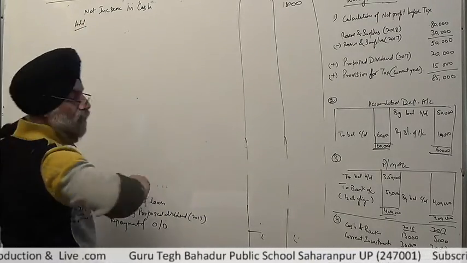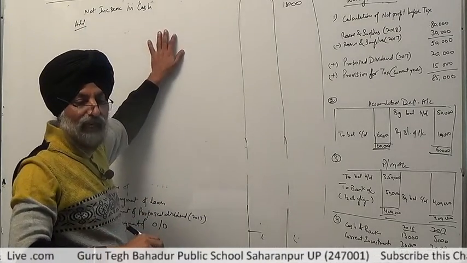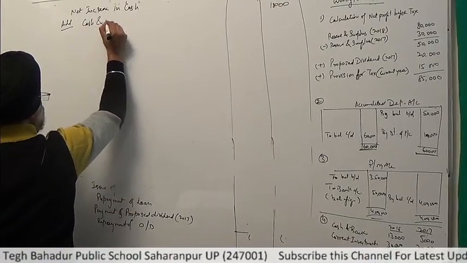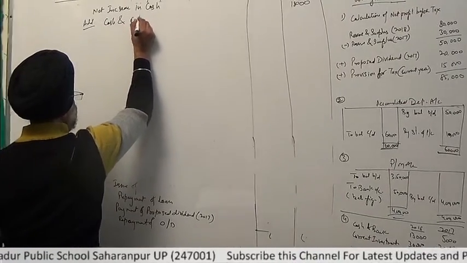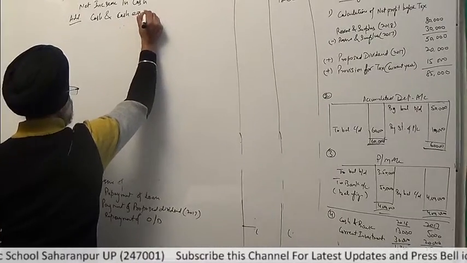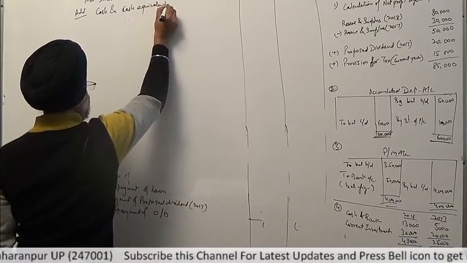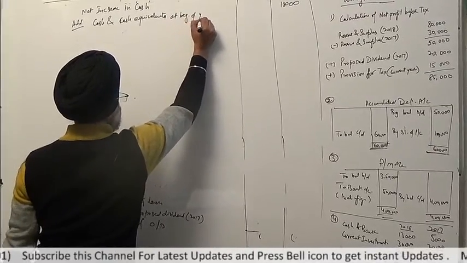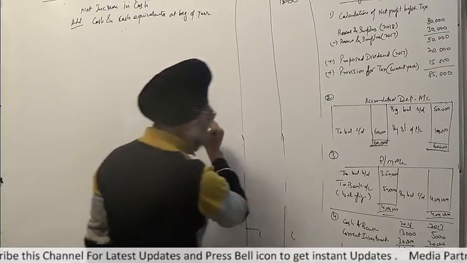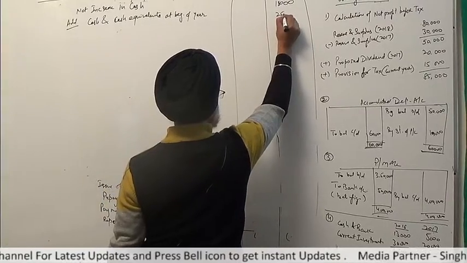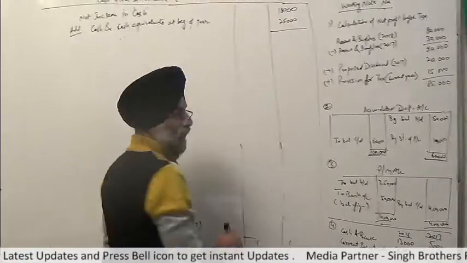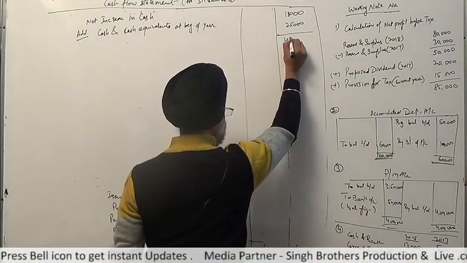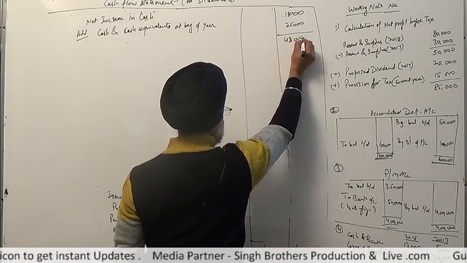Add cash and equivalents at the beginning of year, this is 25,000, and make the total of it, then we'll get 43,000, which is equal to the cash at the end of the year.